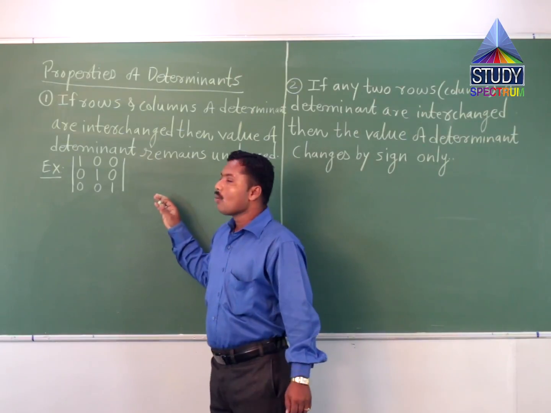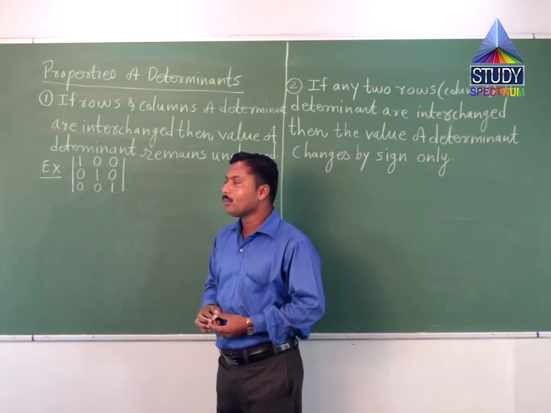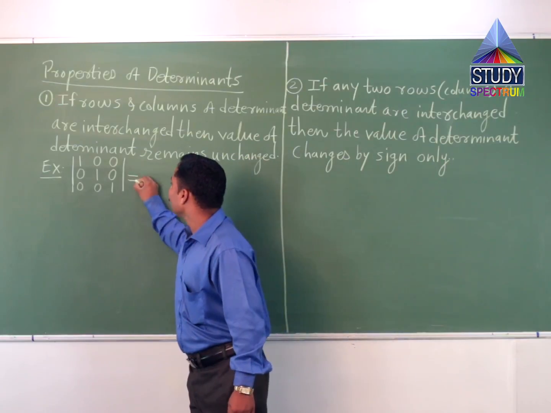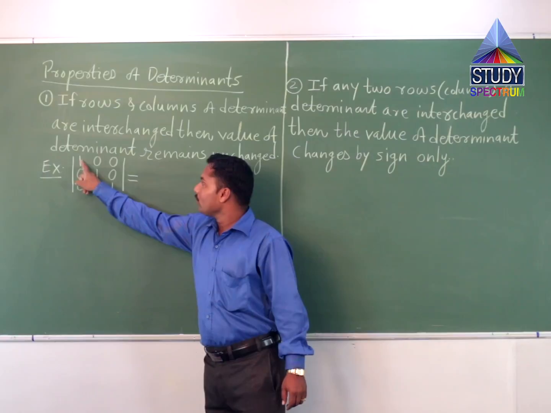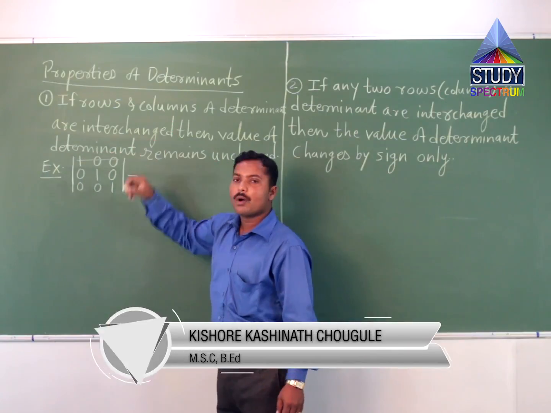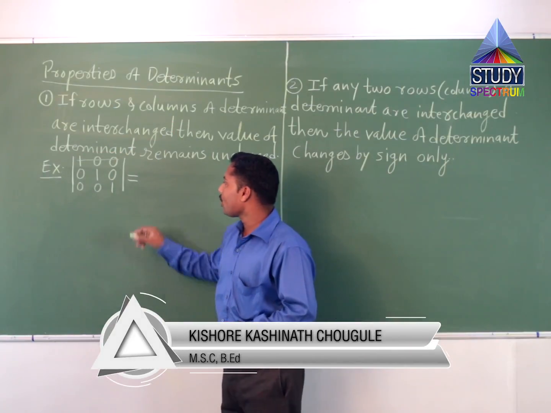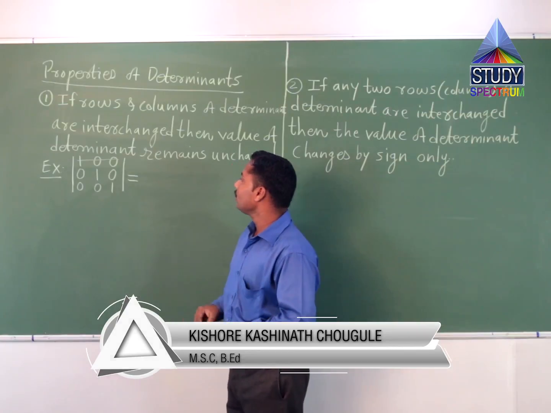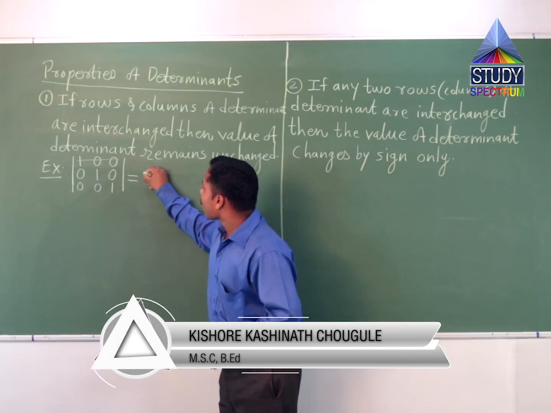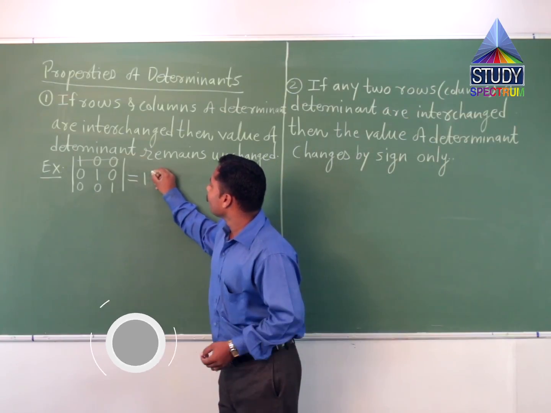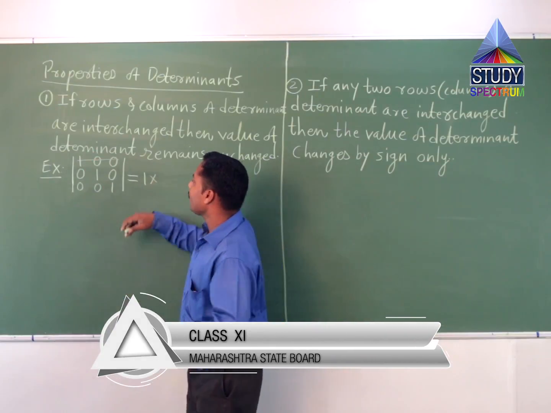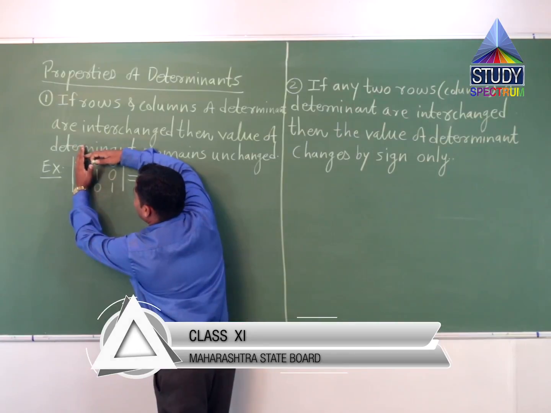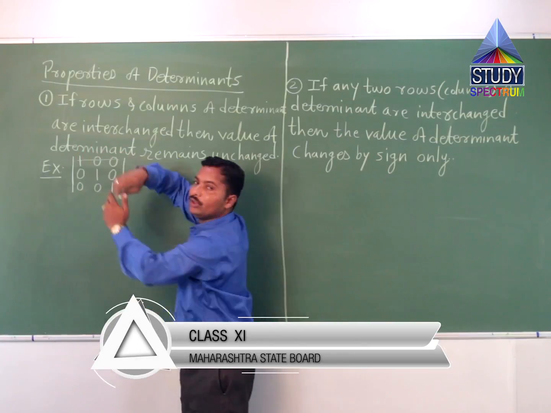So what is the value of this determinant? We select only the first row for expanding this, because this is a 3 by 3 determinant. So 1 into the minor of this 1. What do we get? Delete the row and column passing through this number 1.